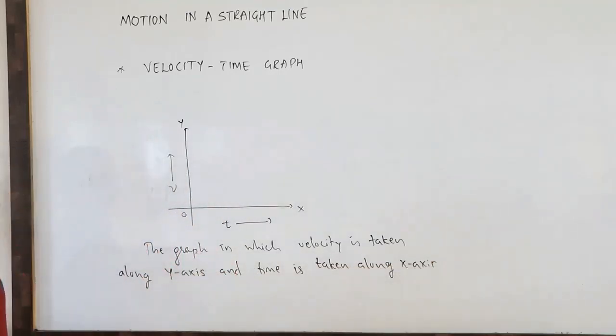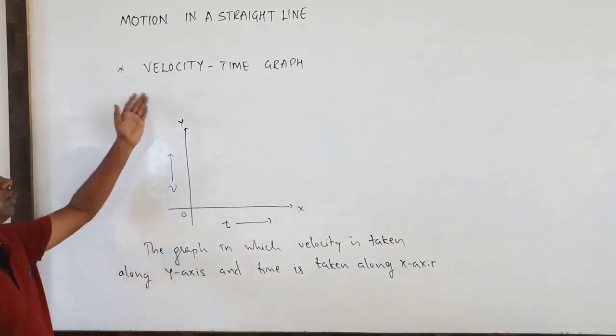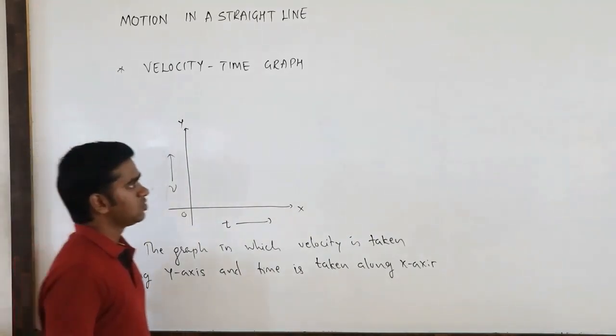Okay, that kind of graph is said to be a velocity time graph.